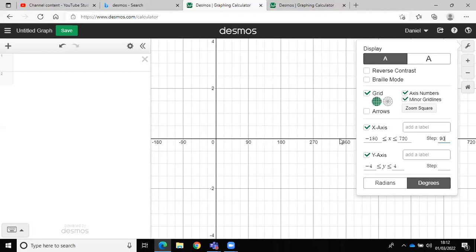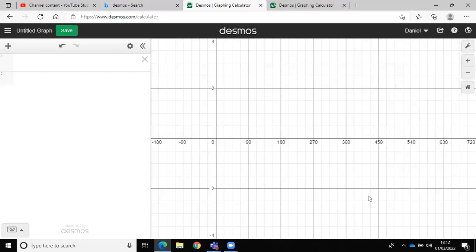Common ones will be 540 or even 720. So it gives you a 90 every step of the way. So you want to set it up like you see on screen here. The amplitude or the y-axis, these min and max, you need to set it up depending on how big your graph is going to be.